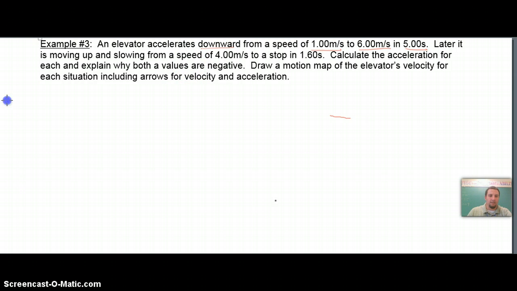So the initial velocity ends up being negative 1 meter per second, and its final velocity is negative 6 meters per second, don't forget that, with a time of 5 seconds.